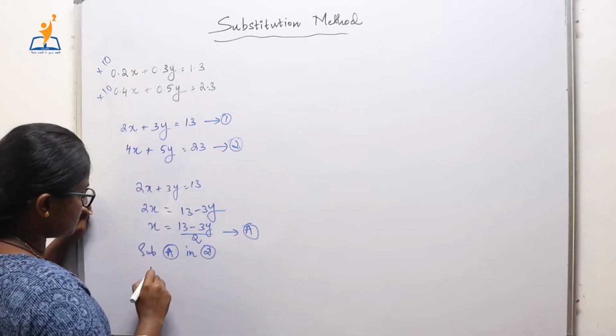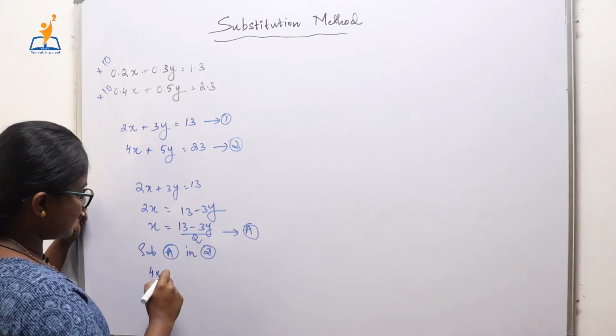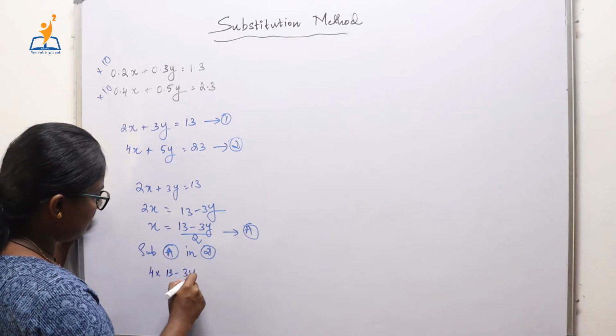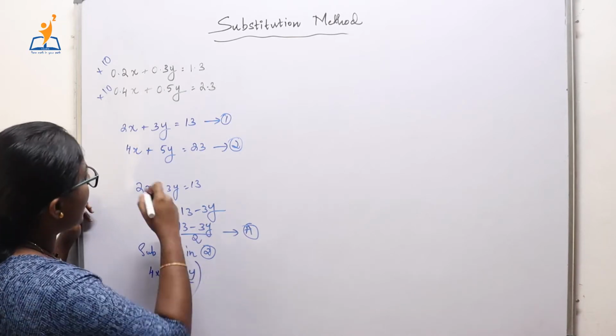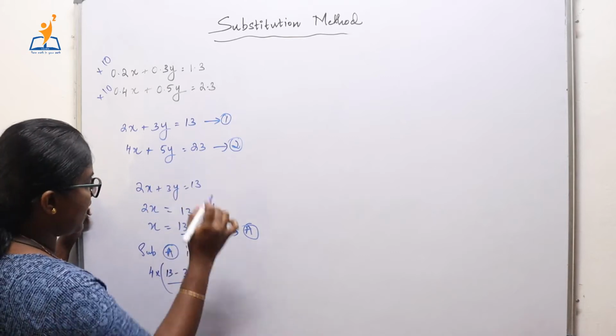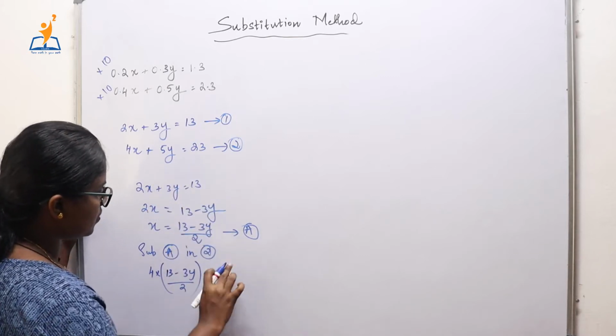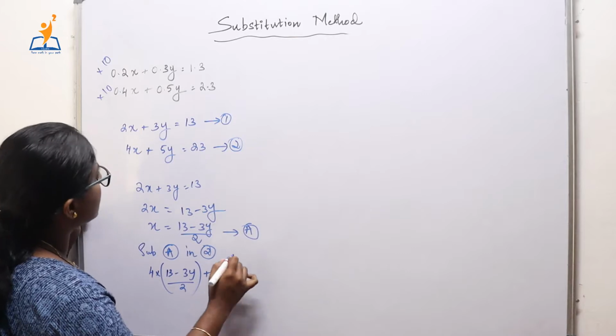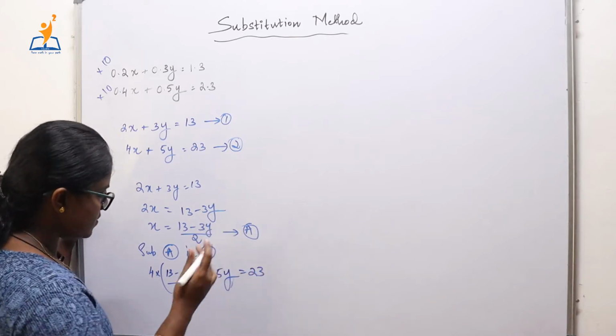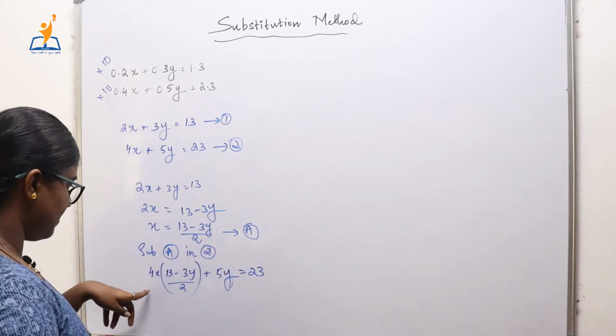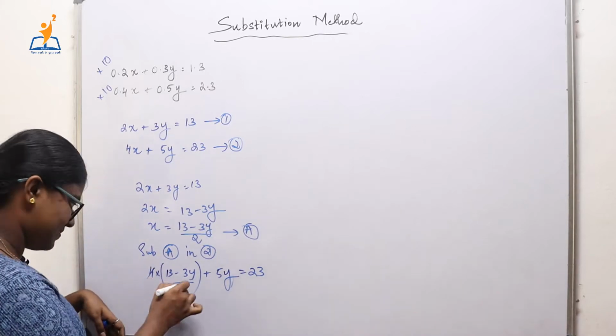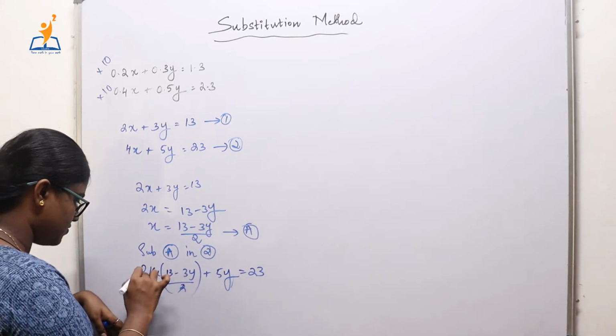Equation number 2 becomes 4 into x, where x is nothing but (13 minus 3y) divided by 2, plus 5y, that is 5 into y, equals 23. So this is our equation. Now we are going to simplify this, that is 4 divided by 2 is 2.